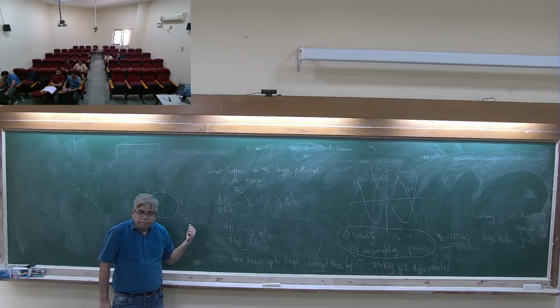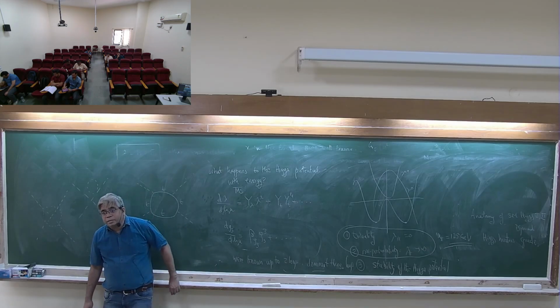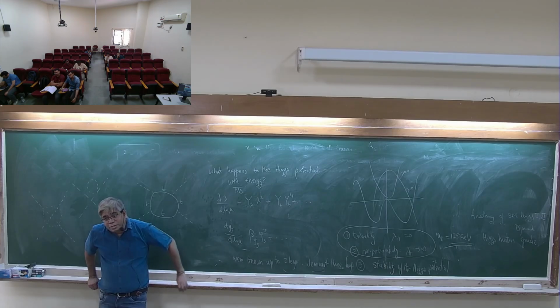When you match with experiment, if you are using 1 loop RG equations, the boundary condition matching is tree level. If you are using 2 loop RG equations, you have to use 1 loop matching conditions. And if you are using 3 loop RG equations, you have to use 2 loop matching conditions.